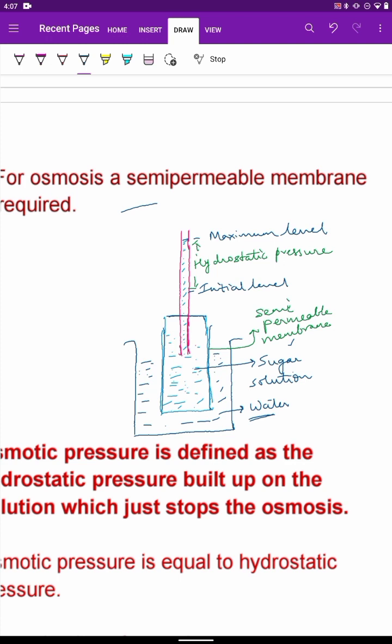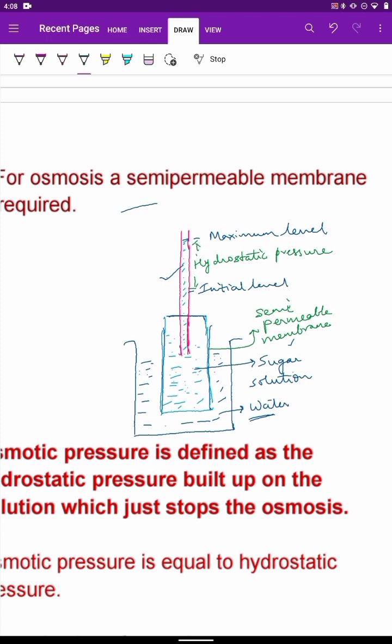Now we will find that water will flow from the outside beaker towards the sugar solution side, because the sugar solution is more concentrated. There will be osmosis and the level of the solution in the glass tube will rise after some time, because of osmosis.